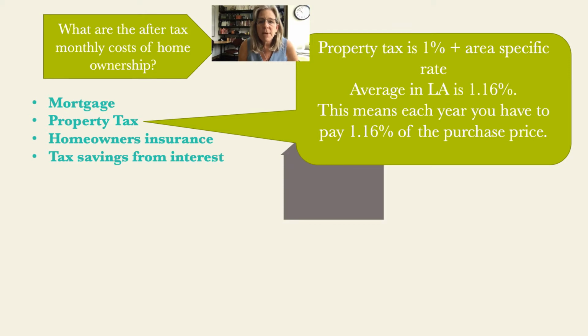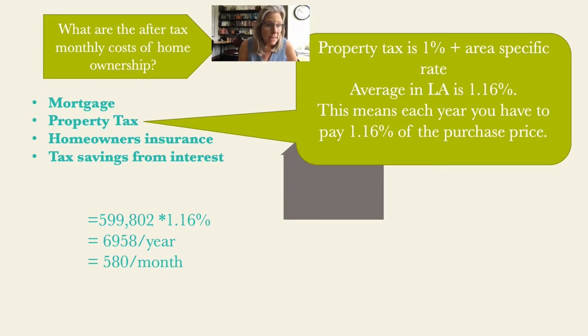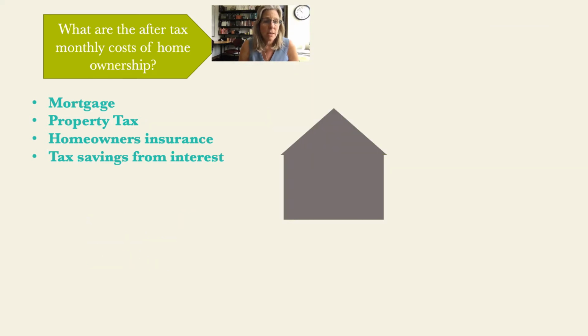This means it's 1.16% of the purchase price you have to pay every single year. So we look at the $599,802, multiply it by 0.0116, and we get $6,958 per year, or approximately $580 a month. So you can see now we have not only the $2,500 payment on the mortgage, but we have a $580 property tax. So that adds to the cost.